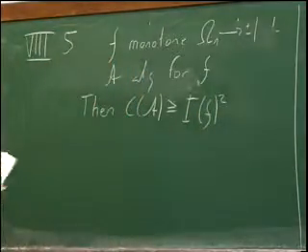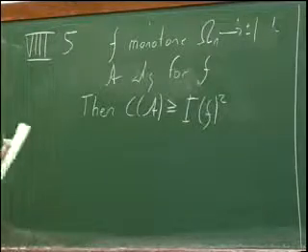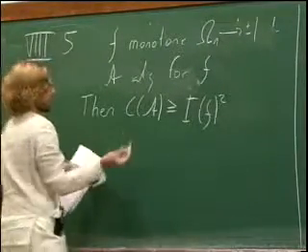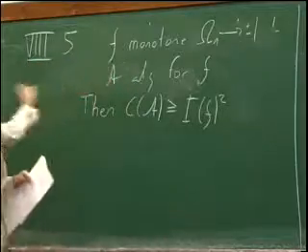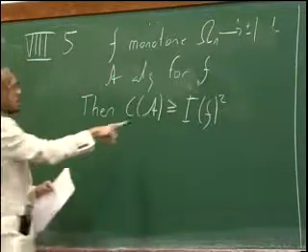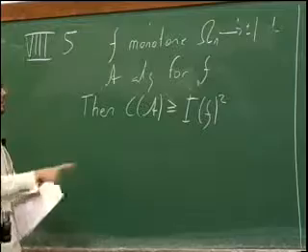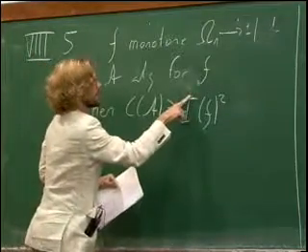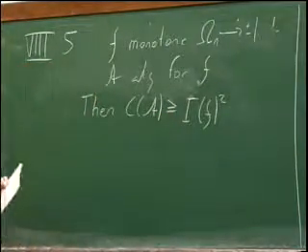So this first theorem is this nice theorem by O'Donnell and Servedio, which says that for monotone functions, the cost of an algorithm to calculate it is at least the squared total influence.